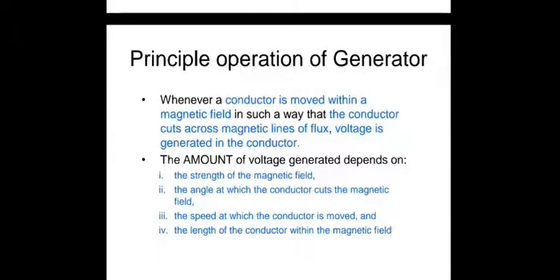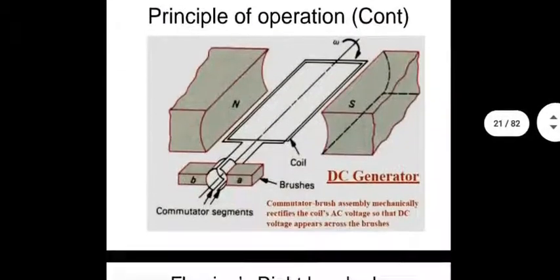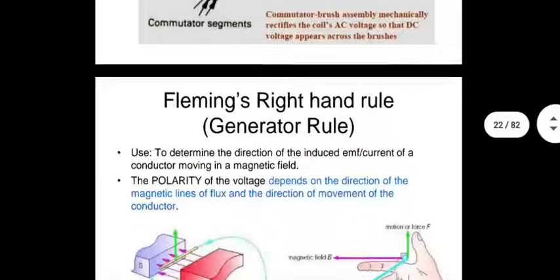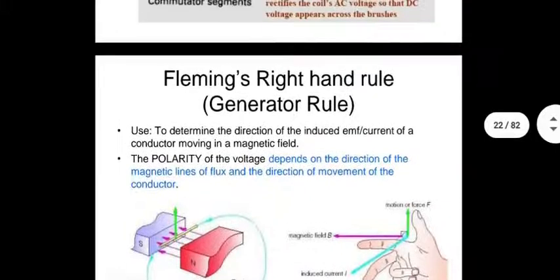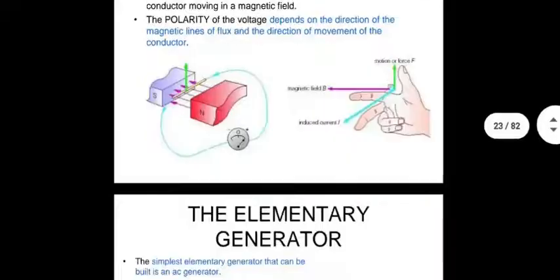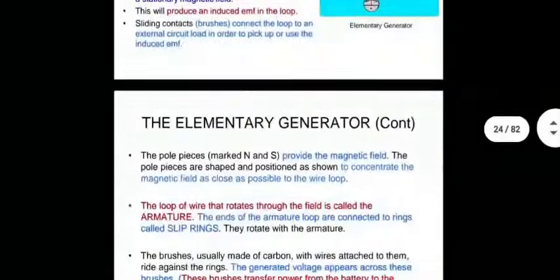This I think we have gone through several times. This is what I showed you last time, that a rotating loop produces an EMF. Same thing shown here. Fleming's right-hand rule is used to get the connection between direction of rotation and the nature of EMF produced. We are not going to look too much into this right now.